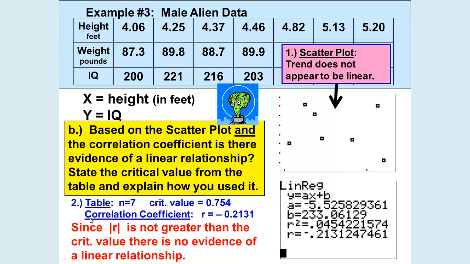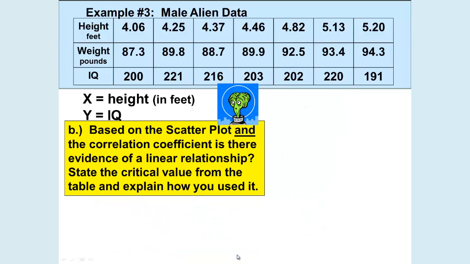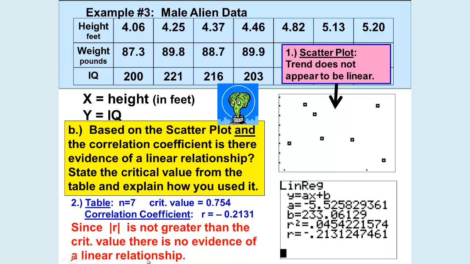The correlation coefficient is negative 0.2131, so the absolute value of r is 0.2131, which is less than 0.754.